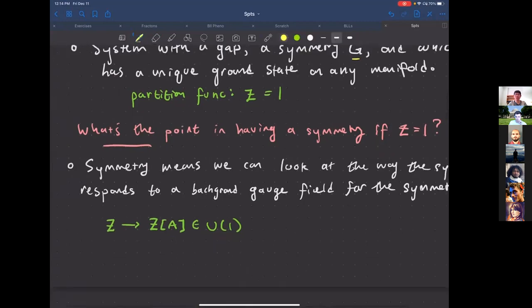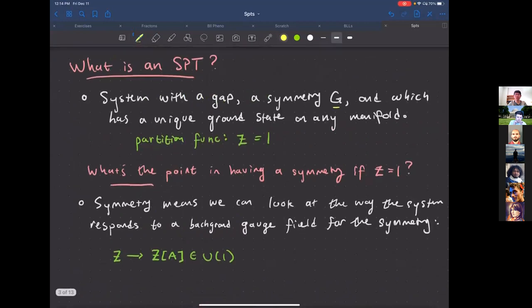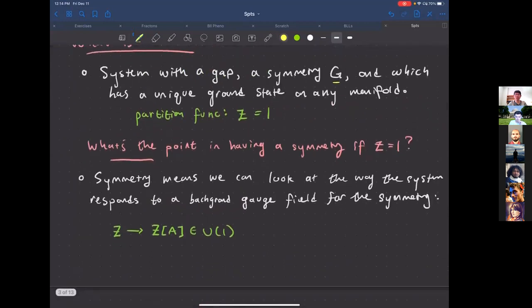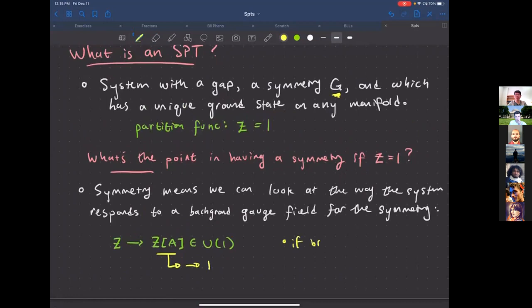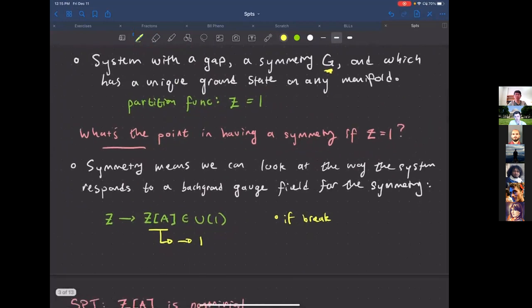But one stipulation here, which I'll get into later, is that if you allow yourself to break this symmetry G, then, as we'll see in a sec, this Z of A can be turned into 1. So if you break the G symmetry, then Z of A is trivial as well.